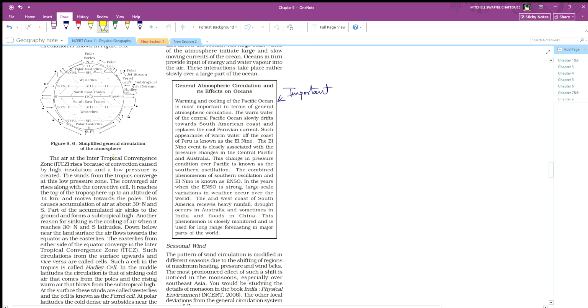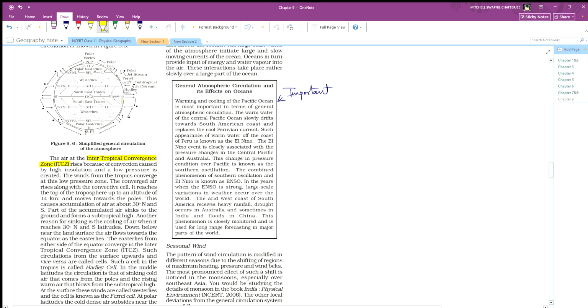The air at the intertropical convergence zone rises because of convection caused by the high insolation, and low pressure is created. We know that insolation is greatest at the equator.